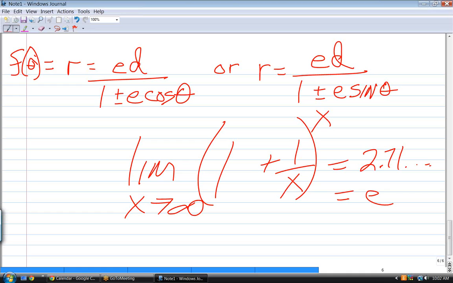Because this term goes to 0. But the exponent gets bigger and bigger. So you might start out with 1.1 to some big power, and then you got 1.01 to some bigger power.